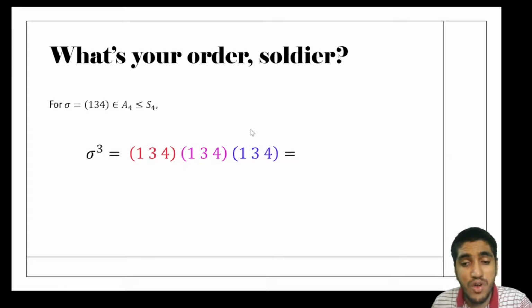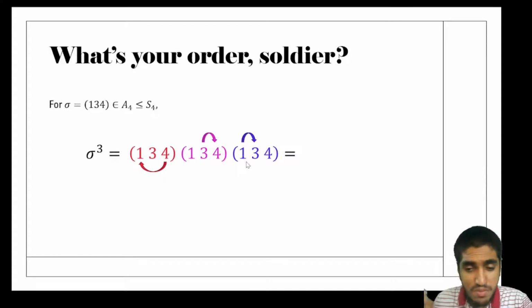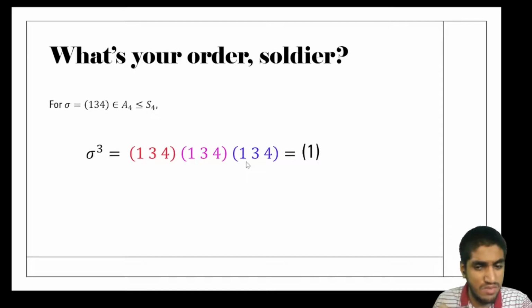This A4 looks promising. I wonder if it has something more to tell us. Consider A4 and a permutation, cycle (1 3 4), in it. What is sigma cube? Let's plug 1 in at first. 1 goes to 3, then 3 goes to 4, and finally 4 goes to 1. That's right, we start from the rightmost cycle in this side of the world. Check out 2. Wait, 2 is missing in action.